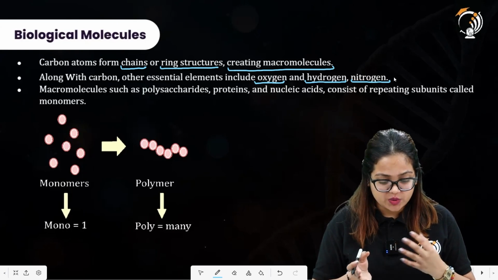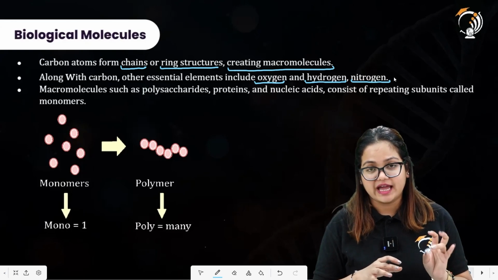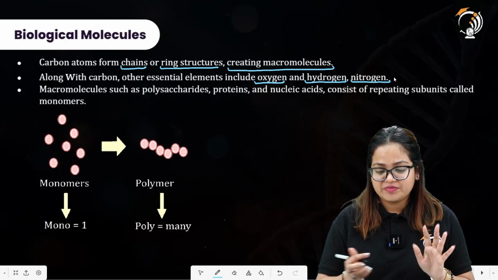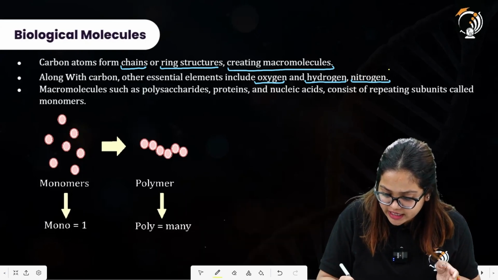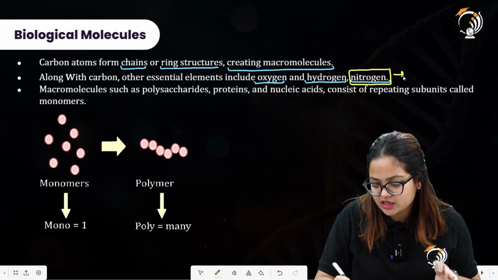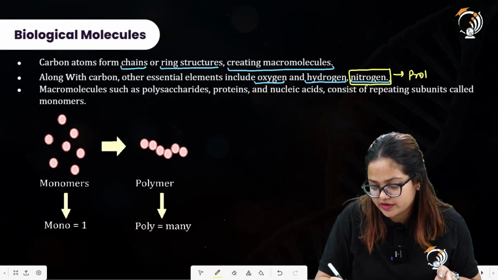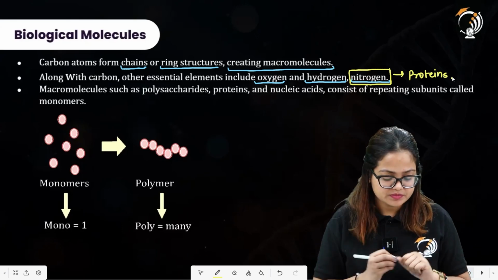All right. So the other essential elements are oxygen, hydrogen, and nitrogen. Here I just want to let you know that nitrogen is the element that will be present in proteins only. And not in fat or carbohydrates. So nitrogen is found only in proteins.